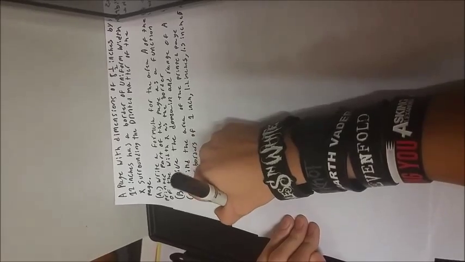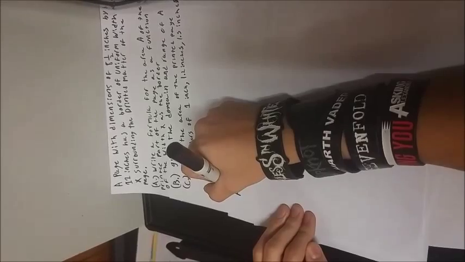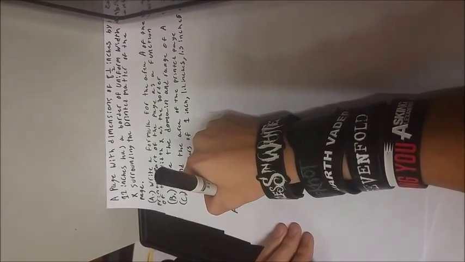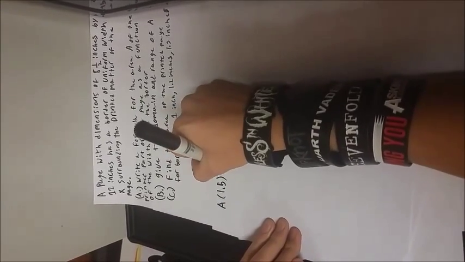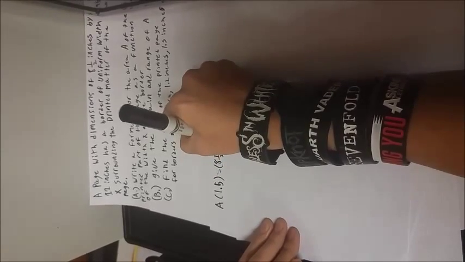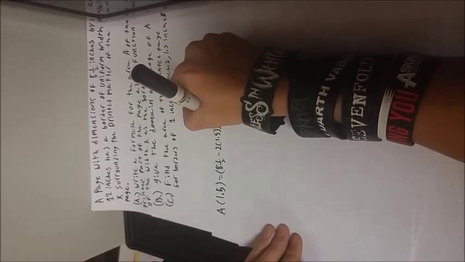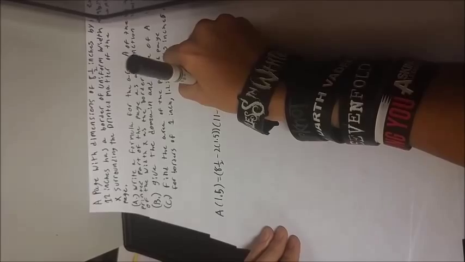Then for part 3 of part C, we would do a repeat of the first part, A of 1, but this time we replace the 1 with 1.5. So A of 1.5 equals 8.5 minus 2 times 1.5, then times 11 minus 2 times 1.5.